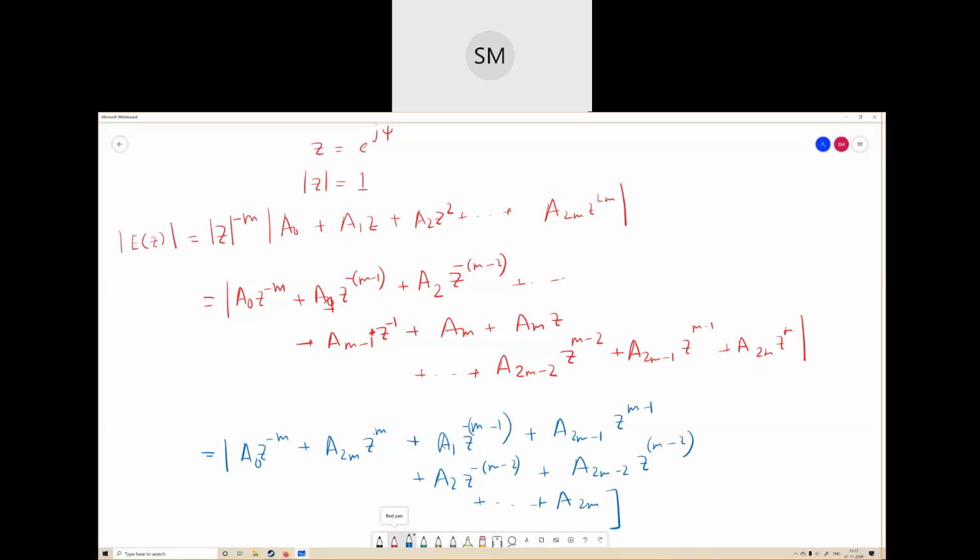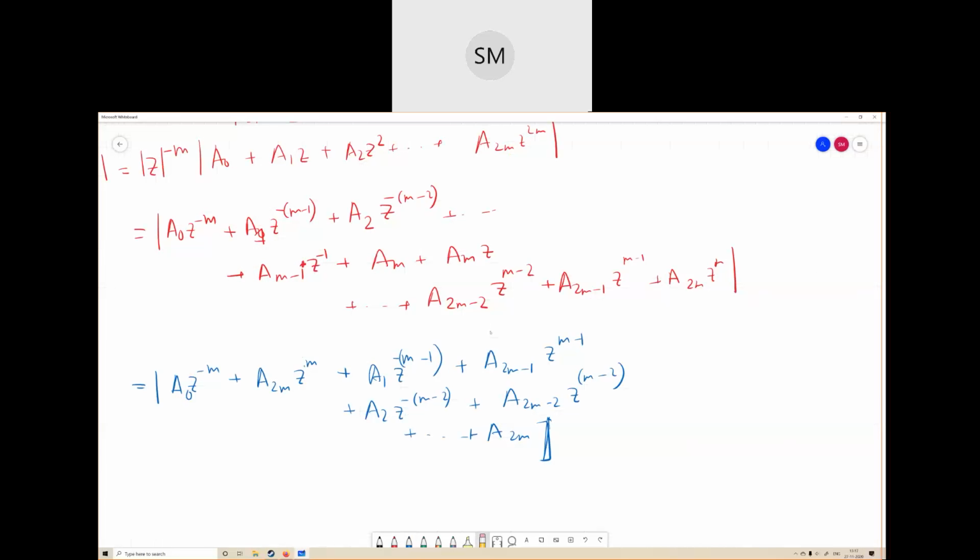We take the z to the power minus m and z to the power m terms together, two terms at a time. Is it okay to write it in this way?